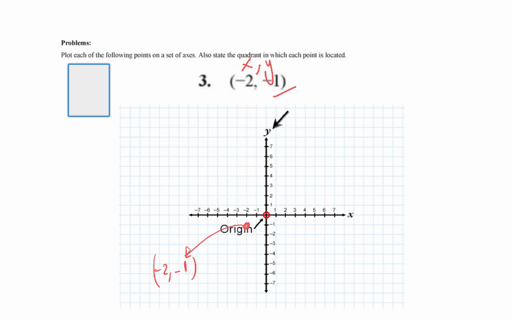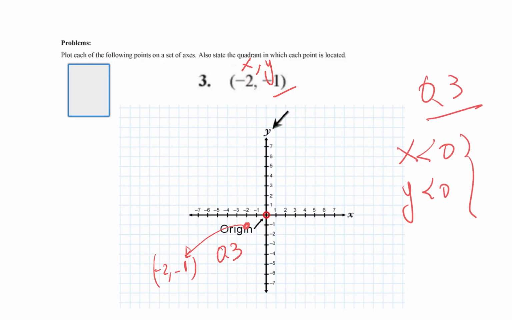And in what quadrant is it? In quadrant 3. And what is the characteristic of quadrant 3? That the x is negative and the y is negative. So when they give you a point where both are negative, you know already that the quadrant is quadrant 3.